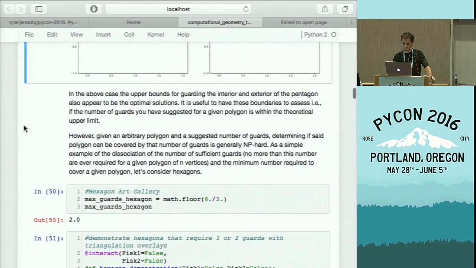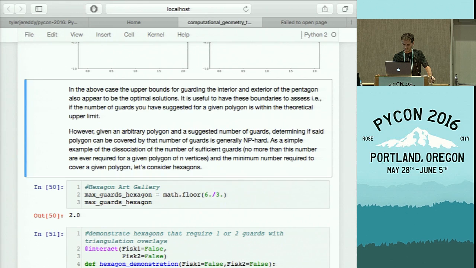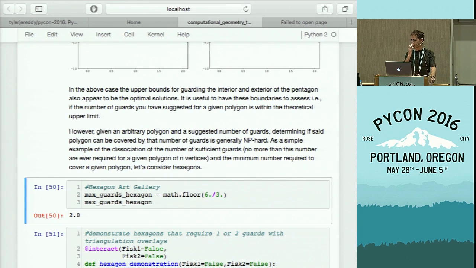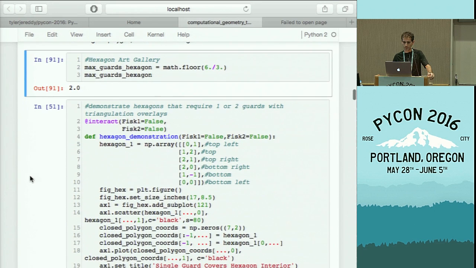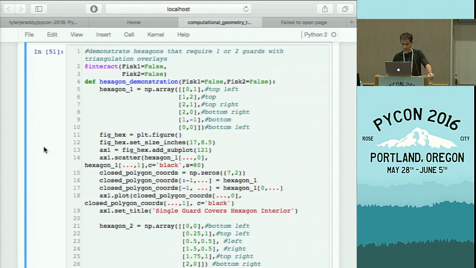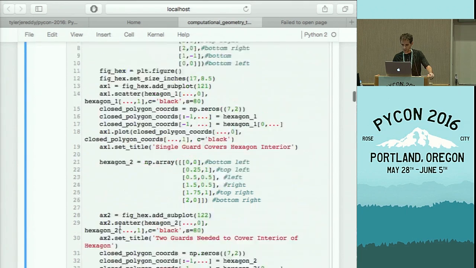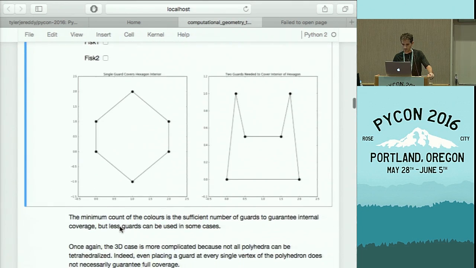But let's try something a little bit harder. We'll just add 1 more vertex, so we'll go up to the hexagon now, focusing on the number of guards required to deal with a hexagon. And I think I've got 2 different kinds of hexagons, hexagon 1 here and hexagon 2 here. If we take a quick peek at them, one of them is effectively this regular hexagon here.